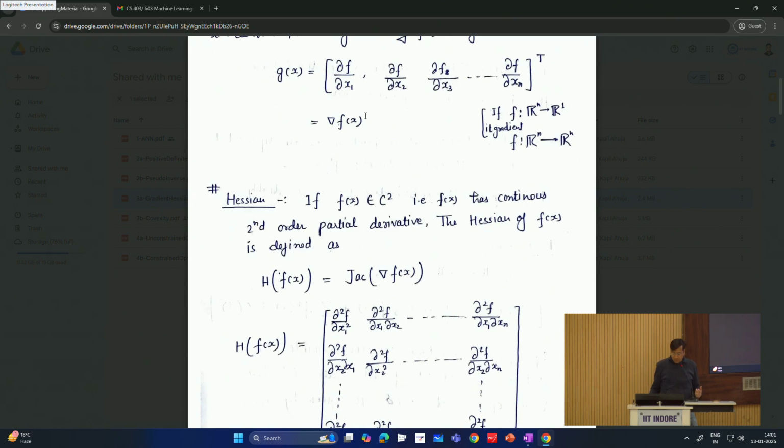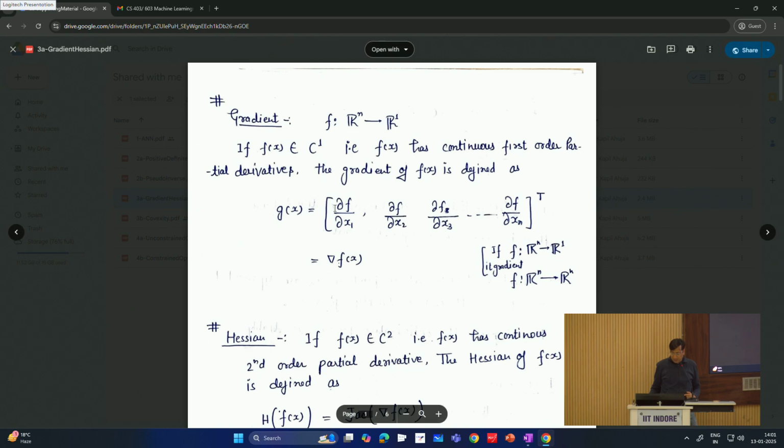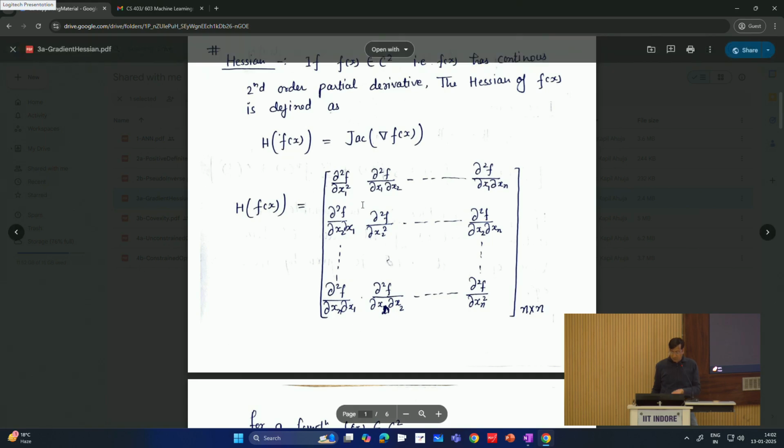So what you do in a Hessian, you take every element of the gradient and differentiate with respect to all the variables. So you take df over dx1 and differentiate with respect to x1 to xn and put it in a row format. I'm going to take the second one, df over dx2, differentiate this with respect to x1, x2, xn, and put it as the second row. So that is how you define something called a Hessian.